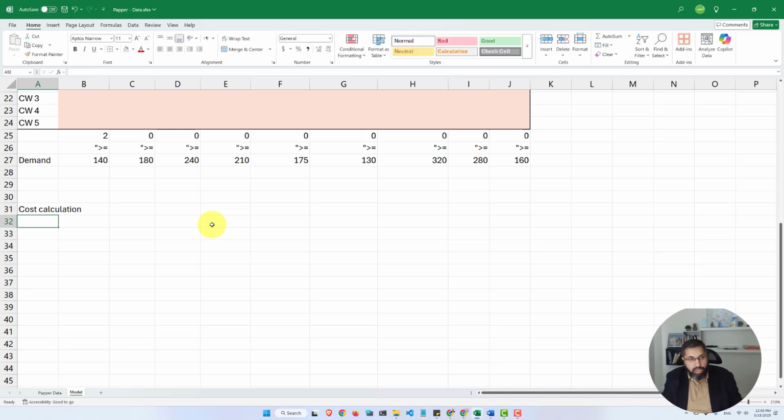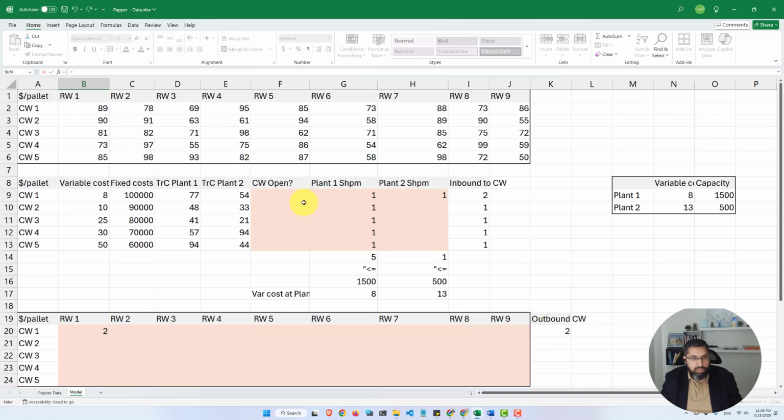Okay, so we're going to have the first stage transportation cost, which is inbound to CW transportation cost. So let's call this transportation cost. So the inbound to CW is going to be these quantities right here, right? That's the inbound.